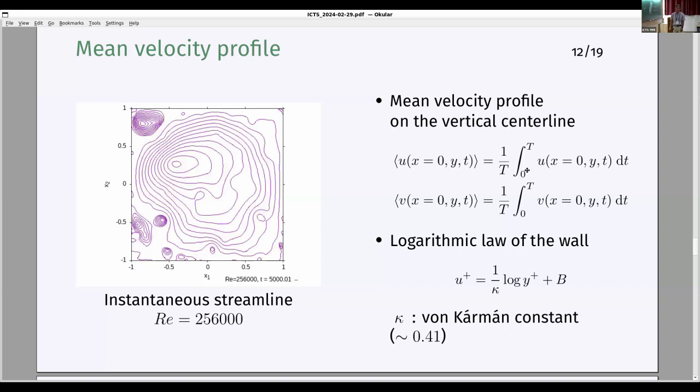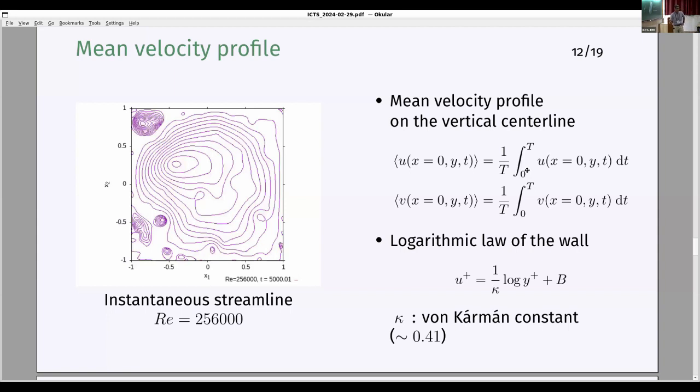The dominant part comes from the horizontal component, so I stick to this time-averaged horizontal velocity field as a function of y. The t dependence vanishes, so this mean velocity profile is just a function of y.